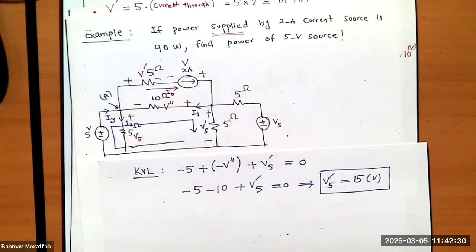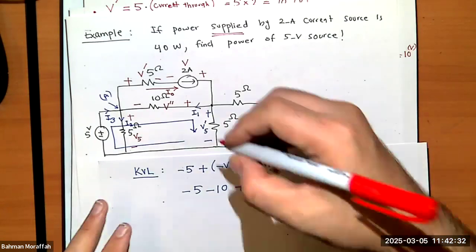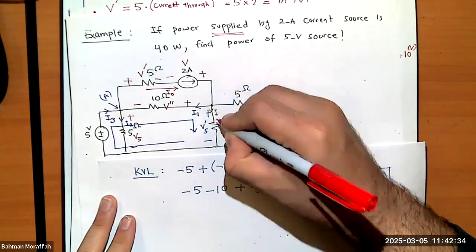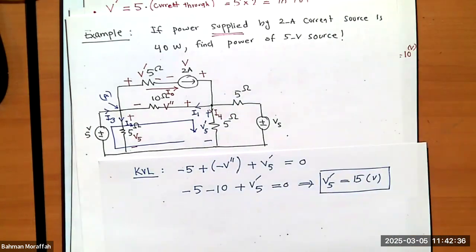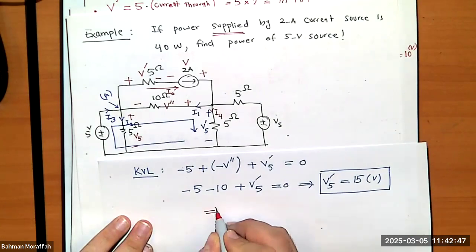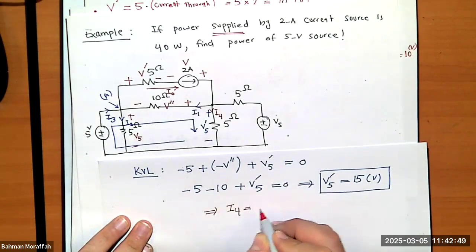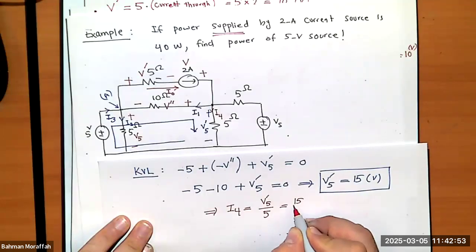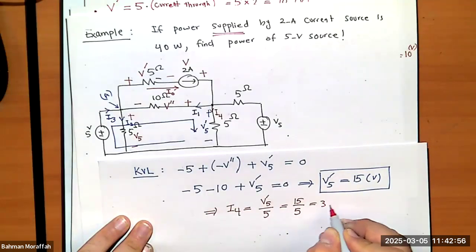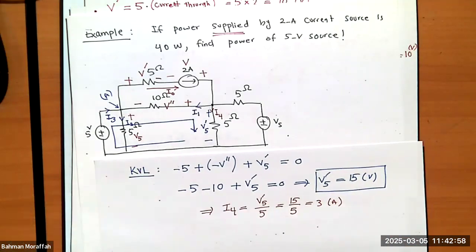Let's call this current over here I4. What is I4? The voltage across it divided by its value, right? So I4 is equal to V prime 5 divided by 5, which is 15 divided by 5, which is 3 amps.